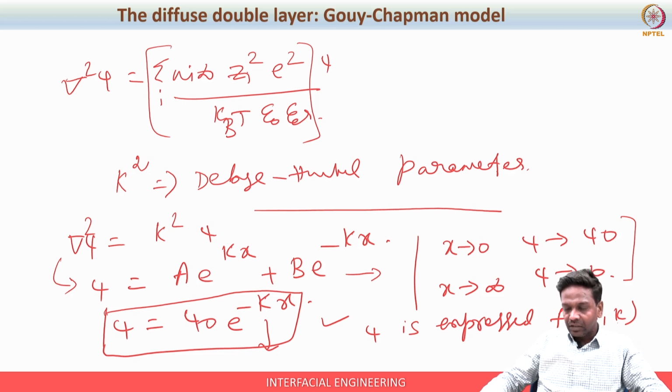And that's how the Gouy-Chapman model has been proposed, by following certain assumptions like the Debye-Hückel approximation being valid, and symmetrical electrolyte. By making these two assumptions, you can express the Gouy-Chapman model as a function of x, that is distance, as well as the electrolyte concentration. Electrolyte concentration is explicitly mentioned in the equation, through the Debye-Hückel parameter itself.